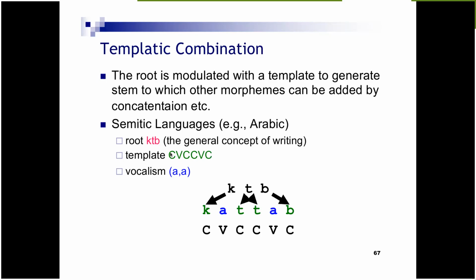You have to take a root, you add a template, and then you add the vowels, and then you get the full word. I have no idea how Arabic works, but I guess from here, this is a very specific way of generating morphological inflections of the words by matching a root to a template.